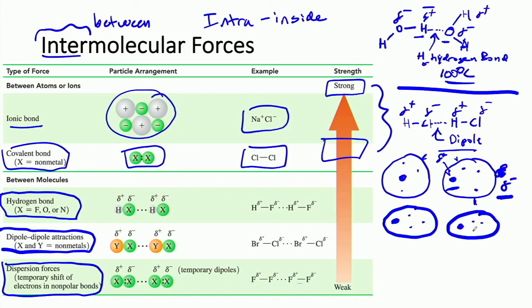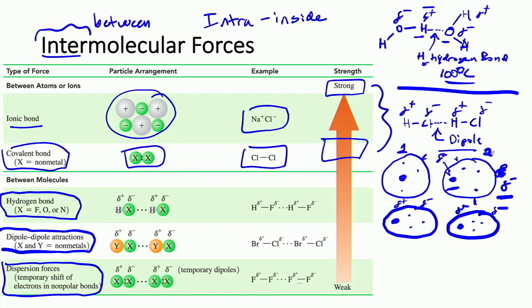So now we have two sets of nuclei and electrons that have become partially positive and partially negative. And this all happened because the electrons from the first set dispersed the electrons from the second set, moving them over to the right side.